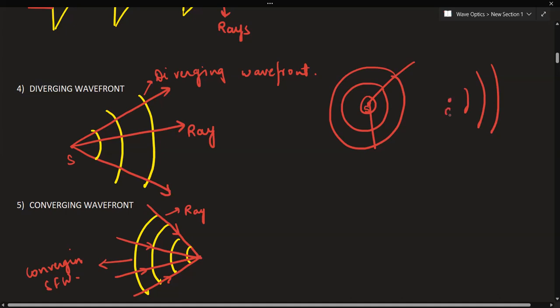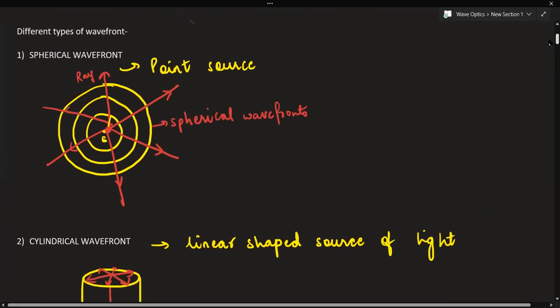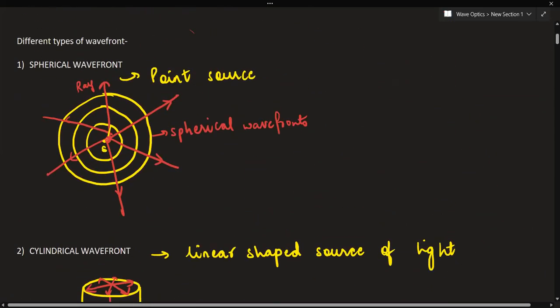Now the source of light will be here only. Just imagine, if you complete them, you will get complete spheres. That is what we have discussed for spherical waves. The source of light remains only at the center and the surrounding are the spherical wavefront.